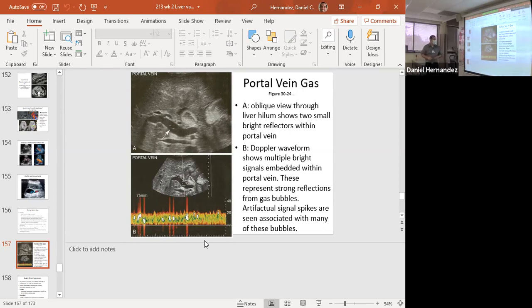These represent strong reflections from the gas bubbles. So when we do our spectral Doppler, we get these artifacts, almost like a twinkle artifact, if you want to think of it that way. When we Doppler, that's indicative of the gas bubbles within the main portal vein. So these artificial signal spikes are associated with these bubbles.